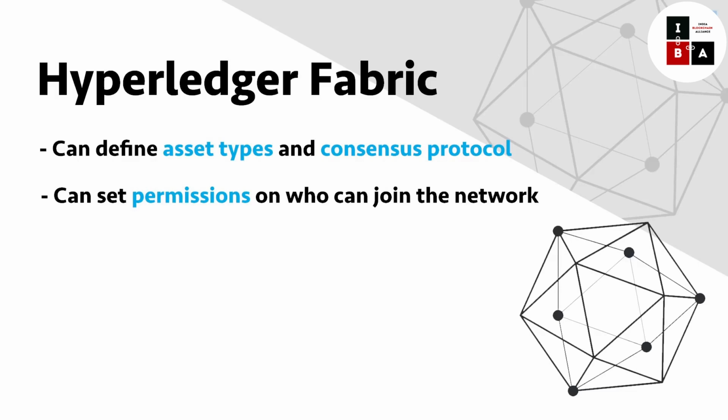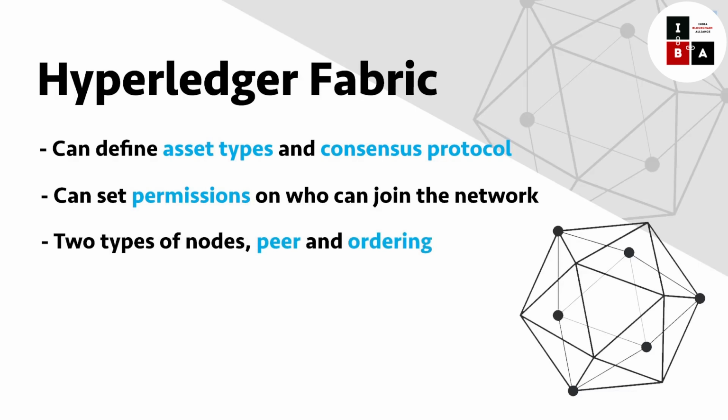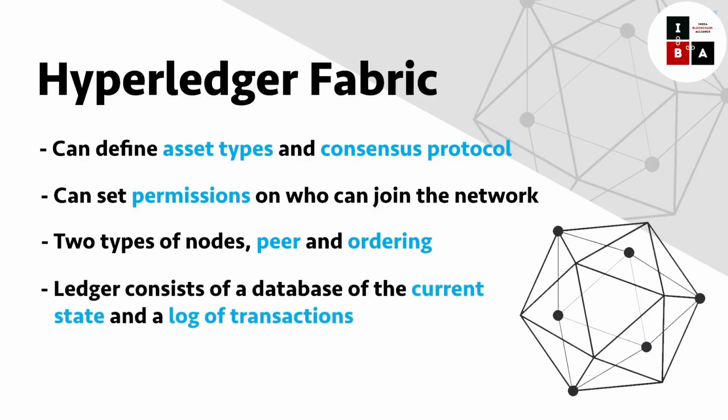To increase efficiency, nodes are divided into 2 types: peer nodes and ordering nodes, with peer nodes batching, verifying, and processing transactions, and ordering nodes logging and ordering those transactions in chronological order. Fabric's ledger itself consists of a database of the network's current state, which can be queried, and the log of transactions stored as a blockchain for tracking each asset's provenance.